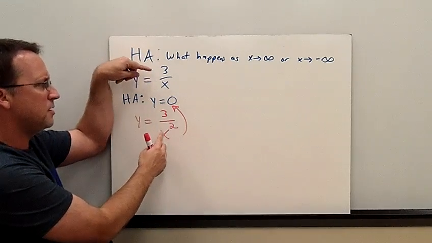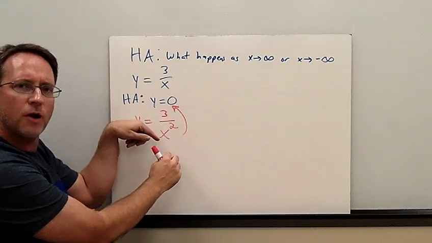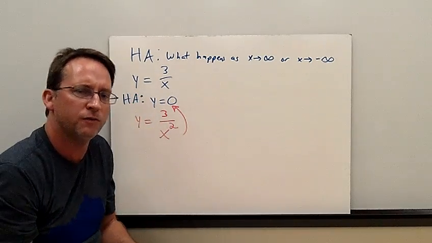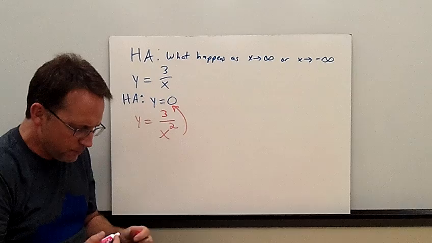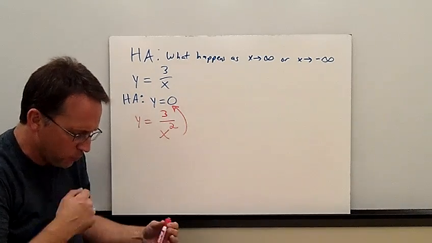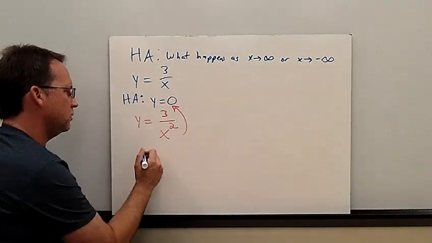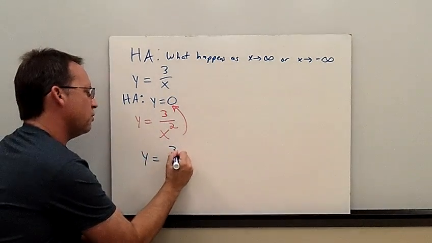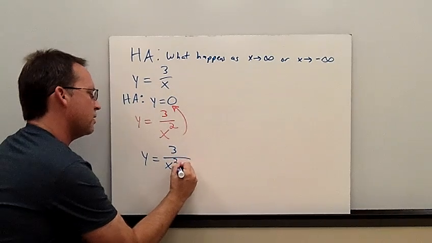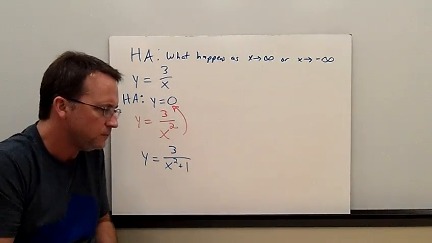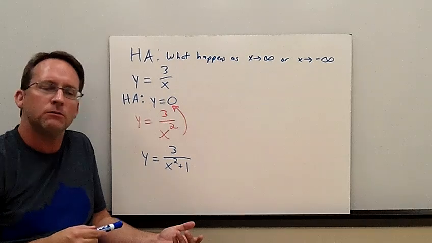Notice these are just in the family of the 1 over x and the 1 over x squared graphs that we saw on the first board. All right, let me jazz it up a little bit. What if I turn this into y equals 3 over x squared plus 1? Well, I just made the bottom bigger.